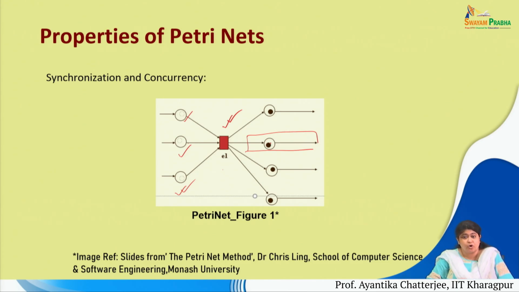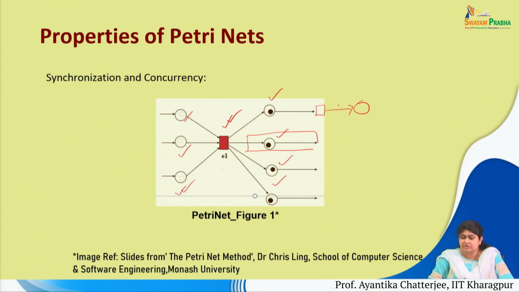Or it may happen that these tokens get placed in multiple output places and start concurrent paths of execution again. Maybe this token is used for some next level transition and some output token is generated, and so on. Okay. So, that comes under the synchronization and concurrency properties of Petri nets.